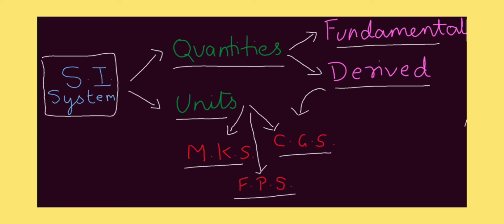In my videos, we have discussed the quantities on the basis of these units. Here M stands for meter, C stands for centimeter, while F stands for foot. This is the unit which indicates the measurement of length.